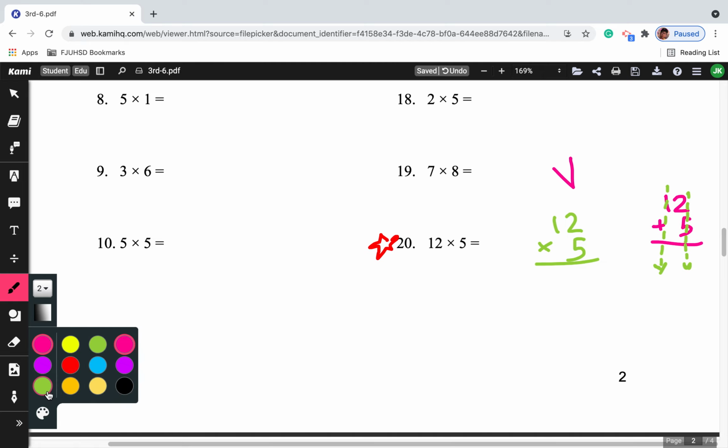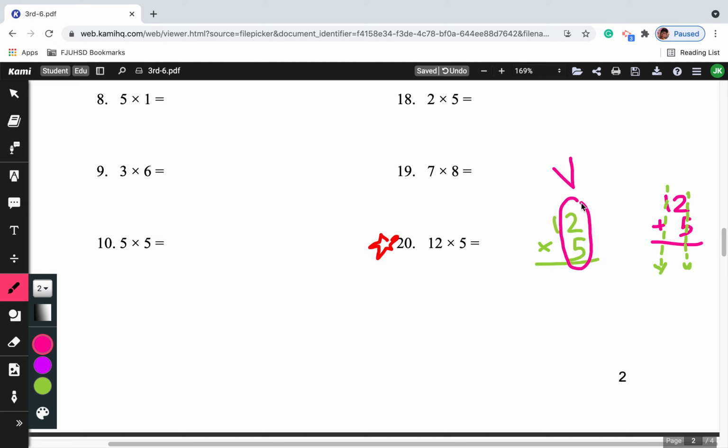So let's start. We do 2, since we go from top right to bottom right. So that's 2 times 5. 2 times 5 is 10. So you put the 1's value down, and then the 10's value up here.